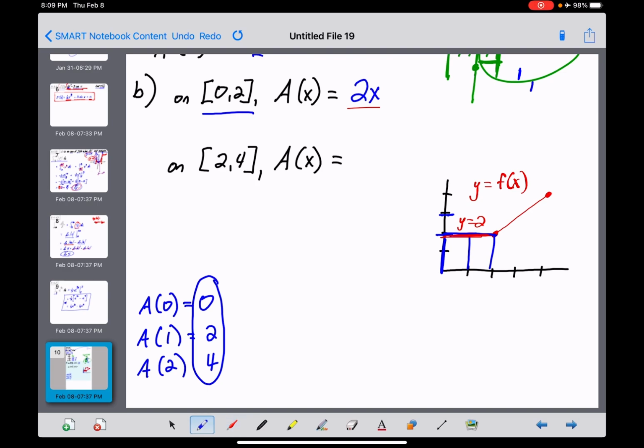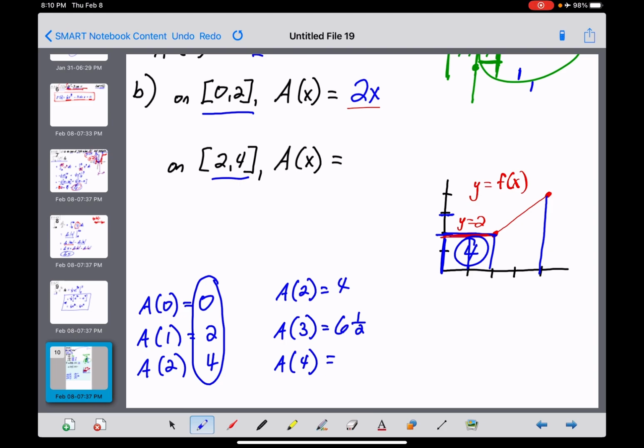Okay, on to the second part of it now. Let's do something from 2 to 4. So again, we already know that A of 2 is equal to 4, and we found the value of A of 3 already. That was 6.5. And then A of 4, which we haven't found yet. So if I went all the way to 4, let me think here, guys. All of this region here had an area of 4.